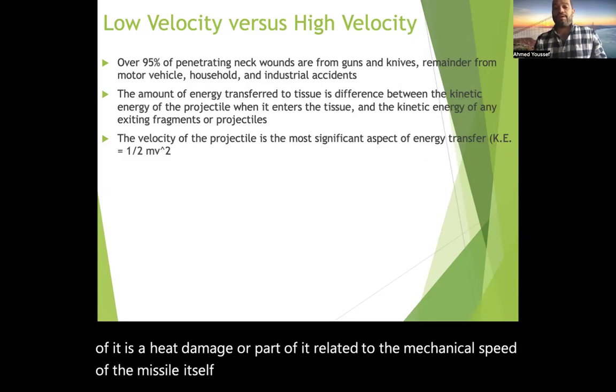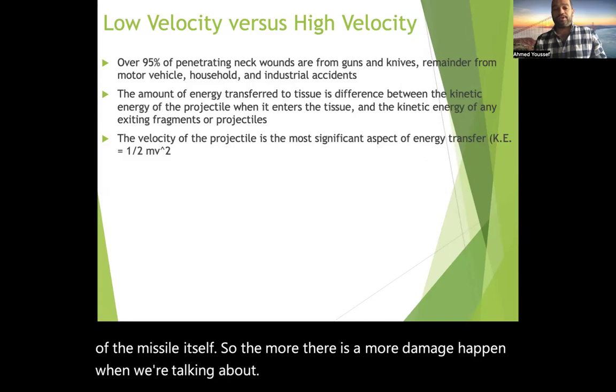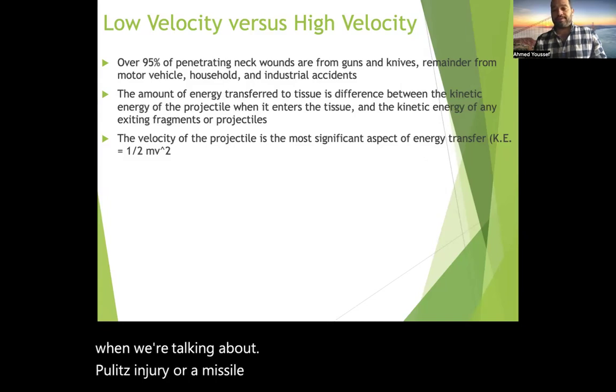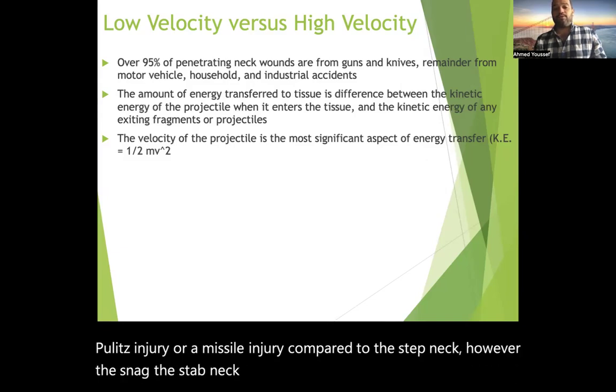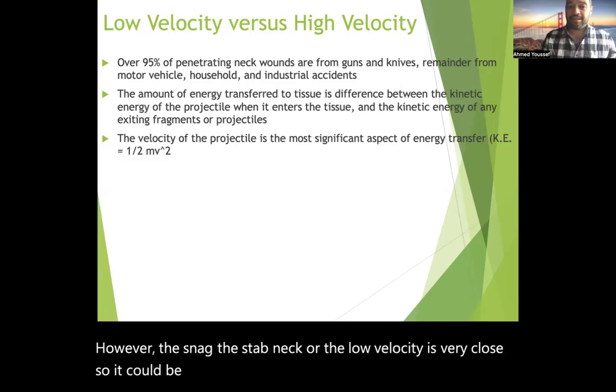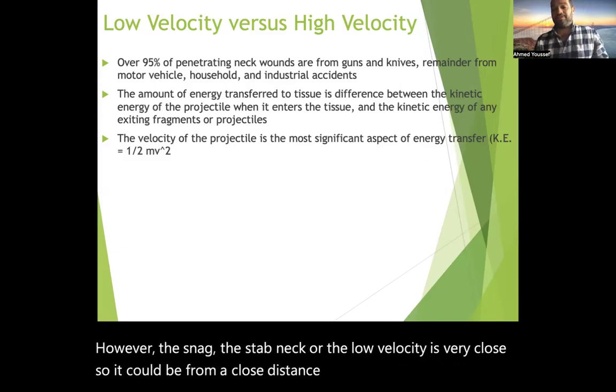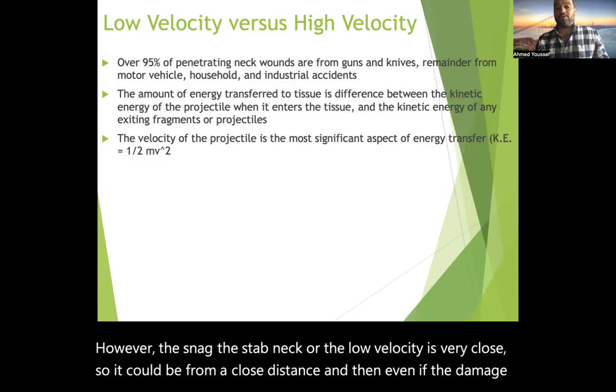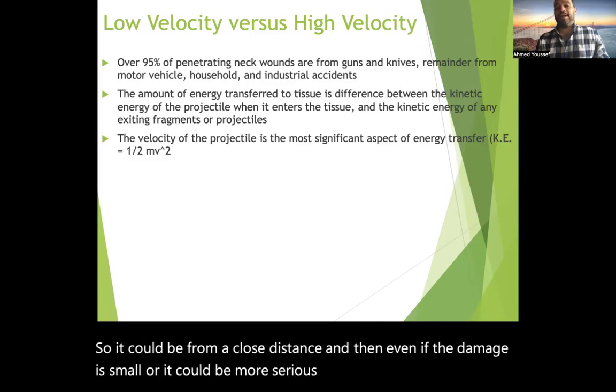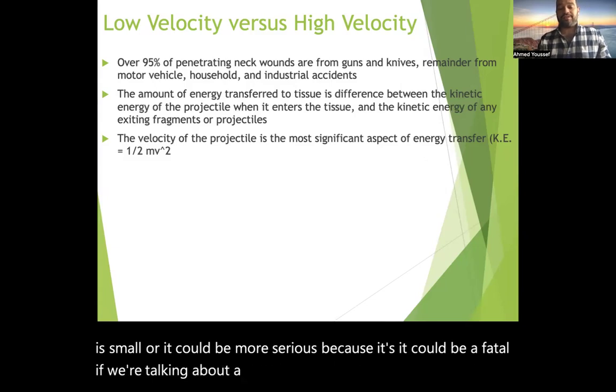So more damage happens with a bullet or missile injury compared to the stab neck. However, the stab neck or low velocity injury is very close, so it could be from a close distance, and even if the damage is smaller, it could be more serious because it could be fatal if we're talking about a vessel injury in the carotid or so.